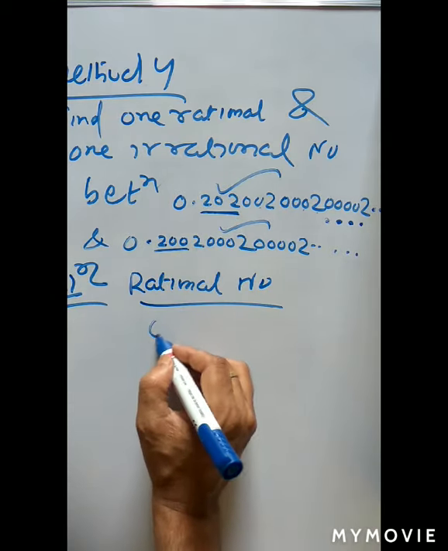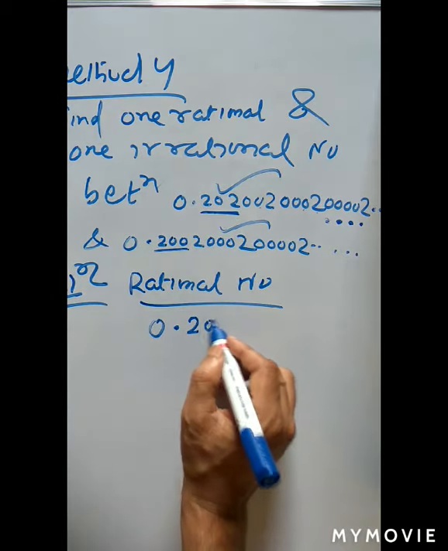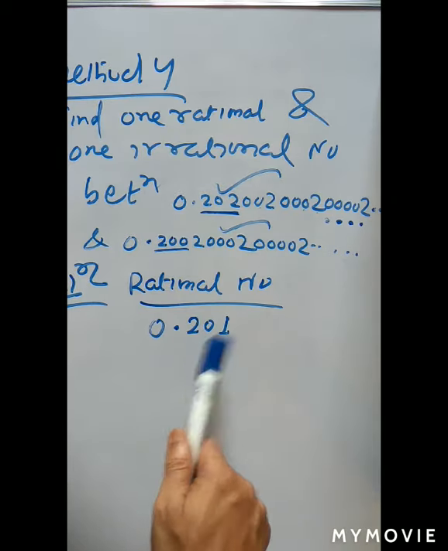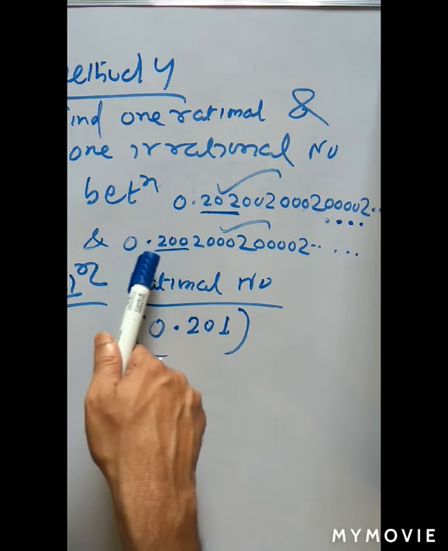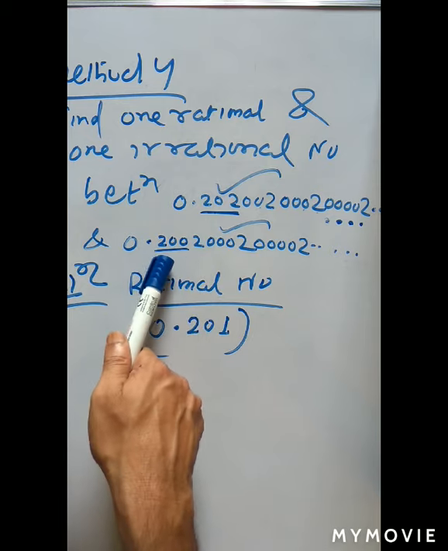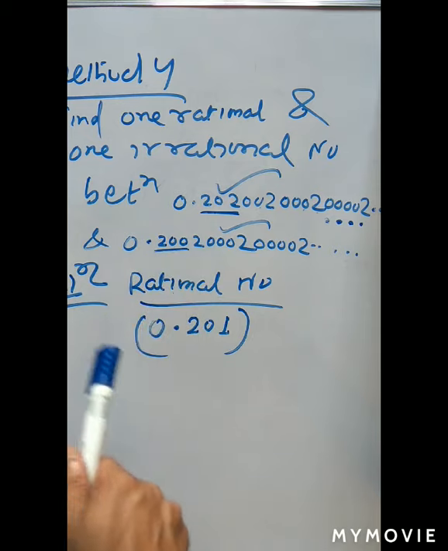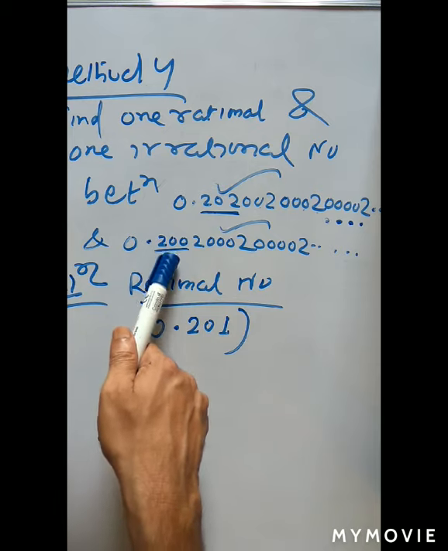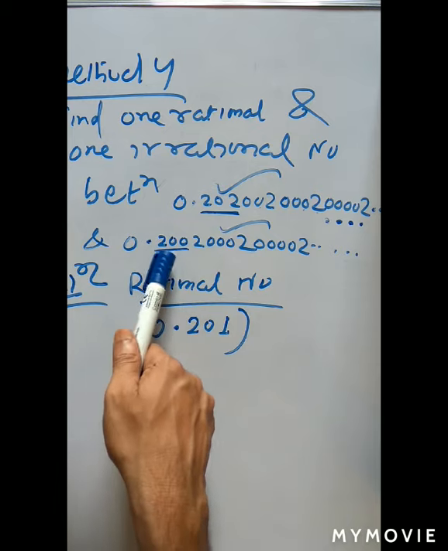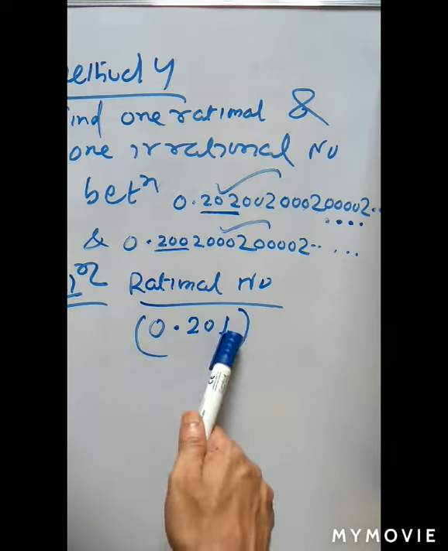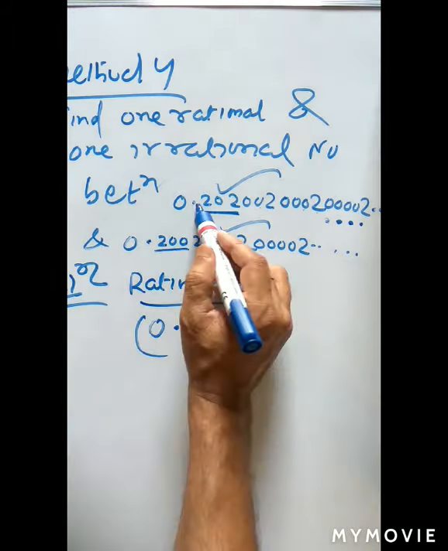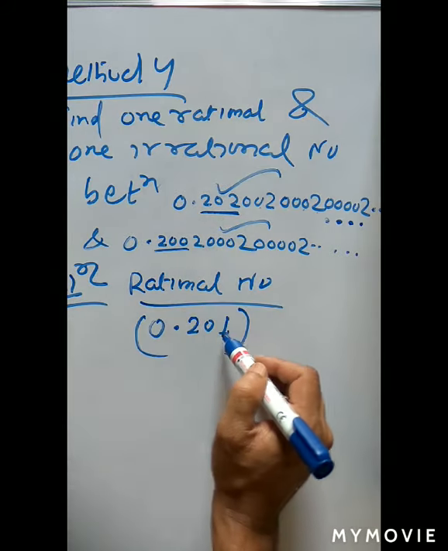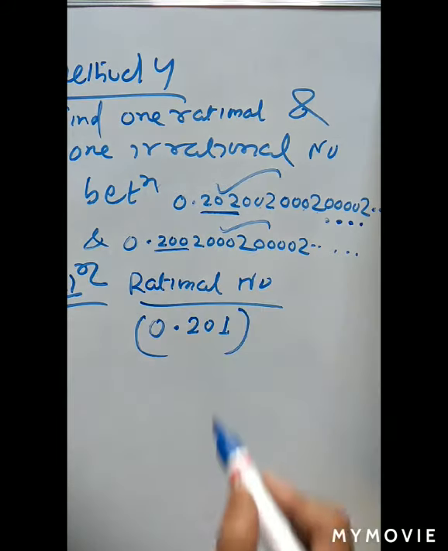So I will select the number 0.201. Now see, this 0.201 is greater than 0.2002. So 0.200 and 0.201, definitely 0.201 is greater than this. And here it is 0.202, so this number is less than 0.202.